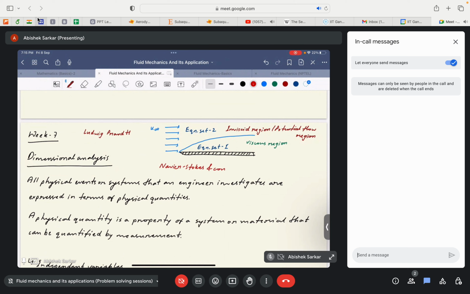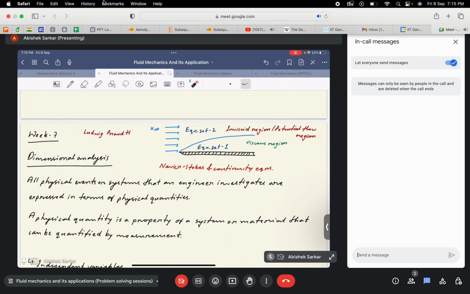Navier-Stokes and continuity equations. From that we can derive these two sets of equations that we will eventually see when we are dealing with boundary layer theory.